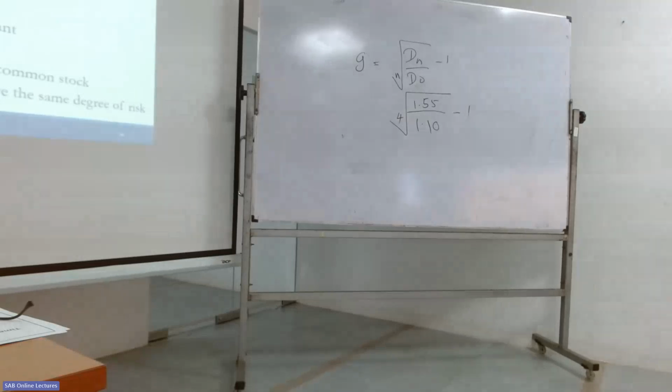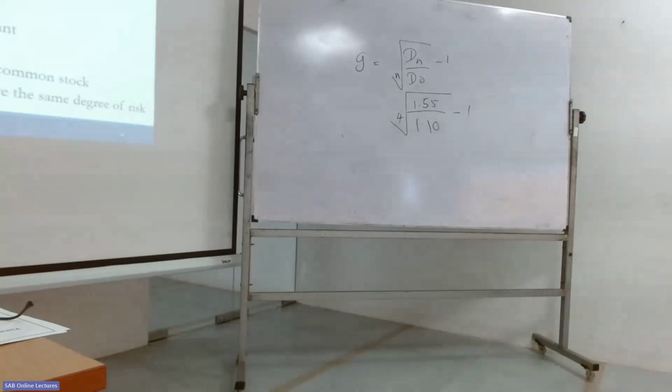When you apply this retention growth model, certain assumptions are there again, like the dividend growth model. Earning growth is constant, dividends are growing at a constant rate. So dividend policy is constant. Dividend policy means the retention and payout policy is constant, and we expect return on equity is not changing, because if dividend policy is constant then return on equity also will be constant.